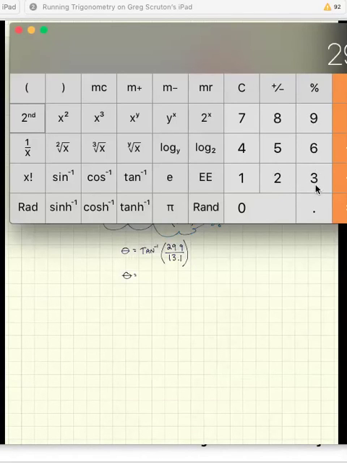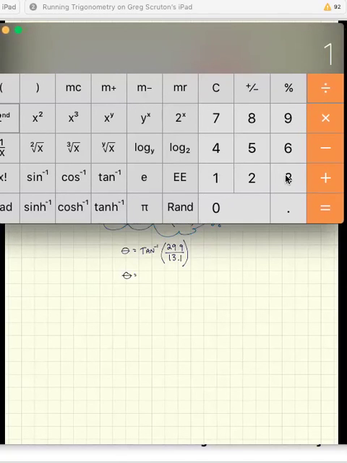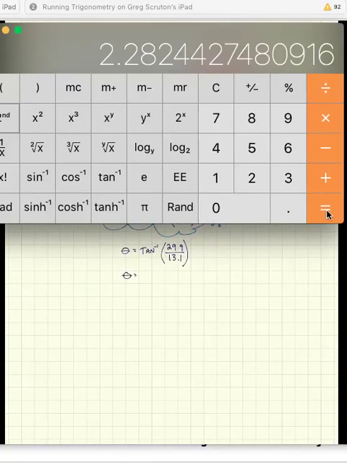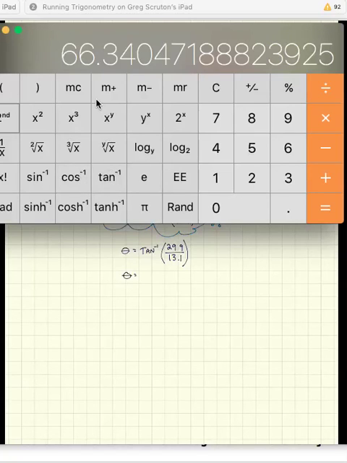So 29.9 divided by 13.1 is equal to 2.2824, and I'm going to take my inverse tangent of that, and that gives us 66.34 degrees.